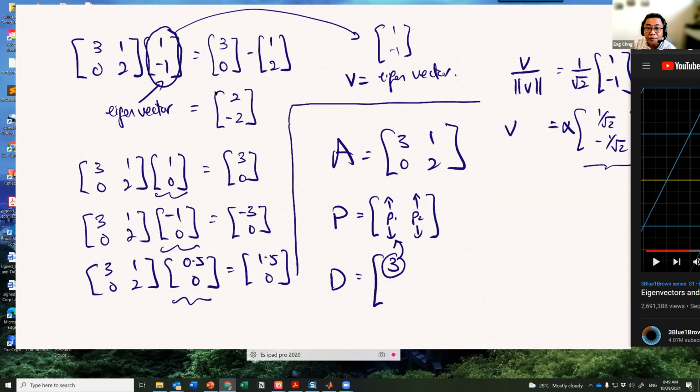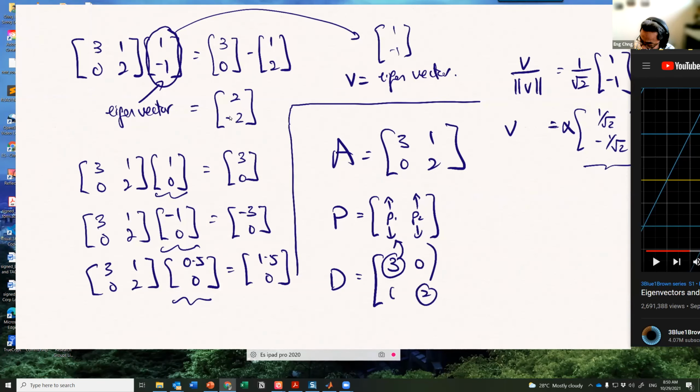What about the other guy? It is stretched by 2. See, 1 minus 1 becomes 2 minus 2. The input is 1 minus 1. The output lands exactly in the same span, in the span of this vector, and is stretched by 2. So the other one is 2.